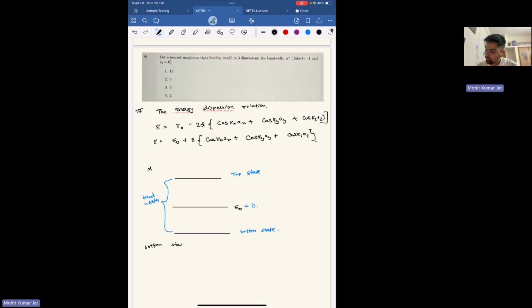Bottom state will be when kx ax is equal to ky ay is equal to kz az is equal to, they have to be -1. So it will be 2n plus 1 times pi, where n belongs to integer.